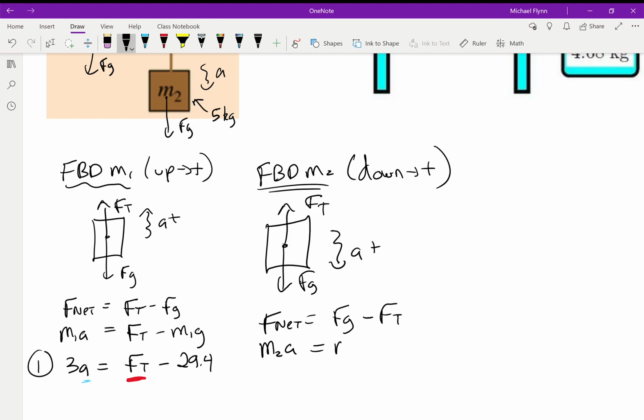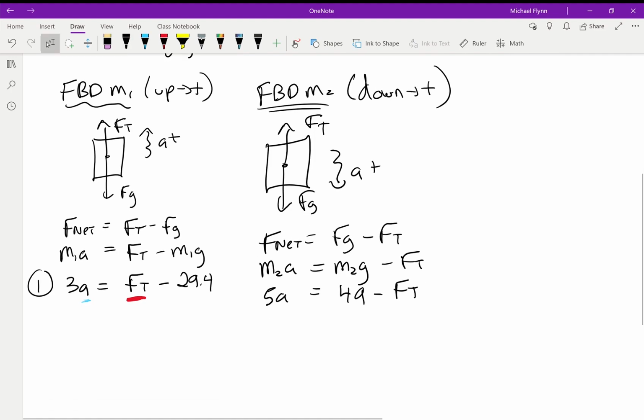And force of gravity is m2g minus the force of tension. So I'm going to substitute my 5 kilograms in for m2, so it's 5a equals 5 times 9.8, I think is 49. Yeah, 49 newtons, so it's 49 minus Ft.